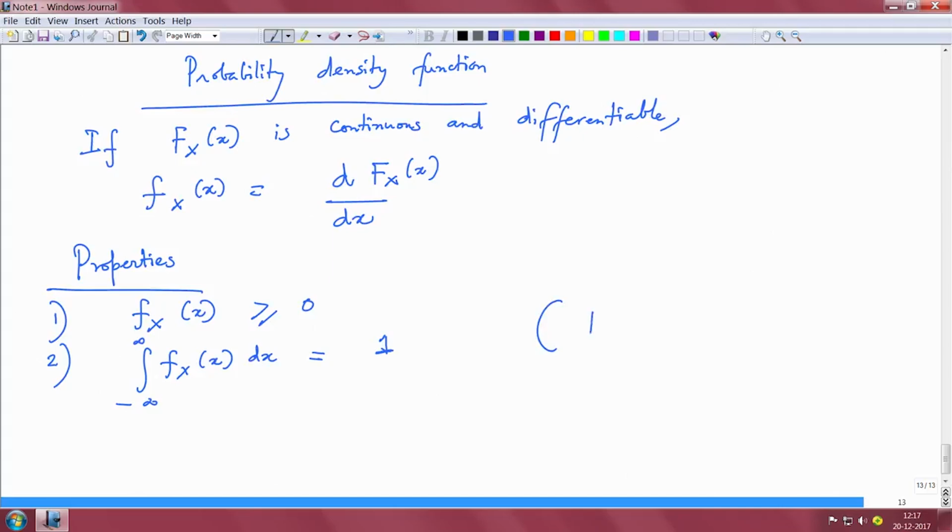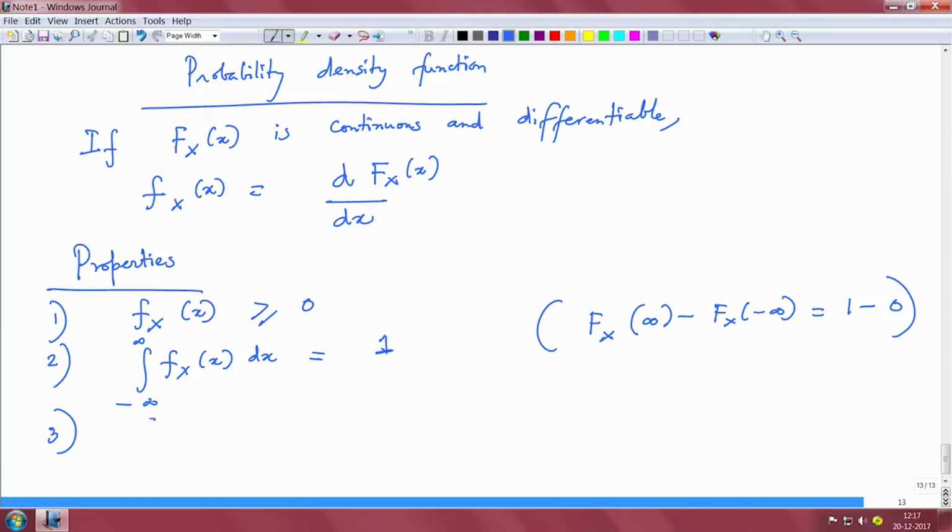Why? Because how do you compute this quantity? From the probability distribution function, it is f x of infinity minus f x of minus infinity, which is basically 1 minus 0, and that is why you get 1.